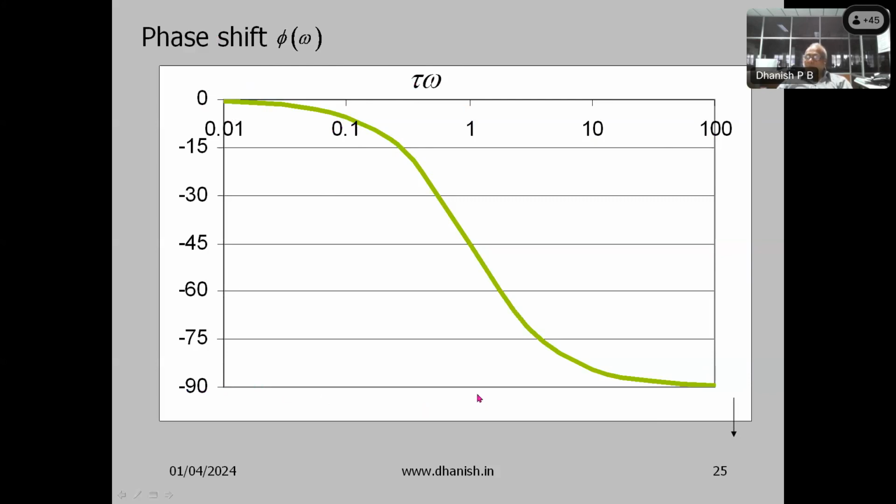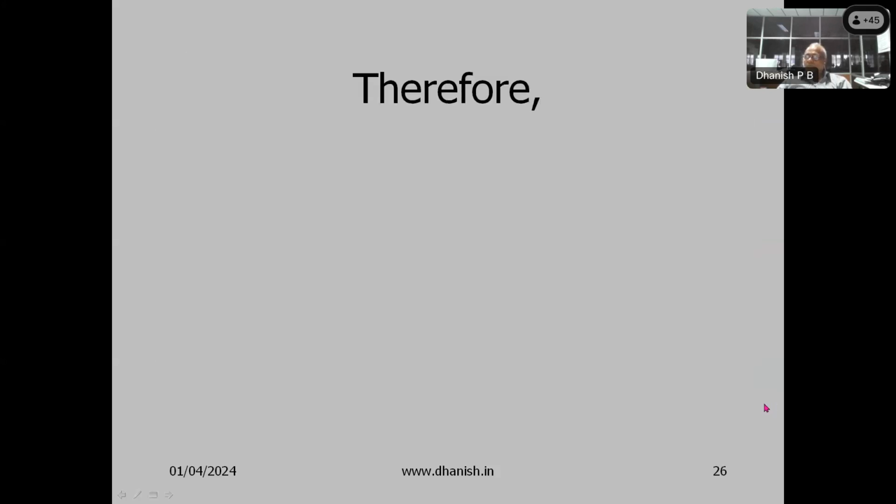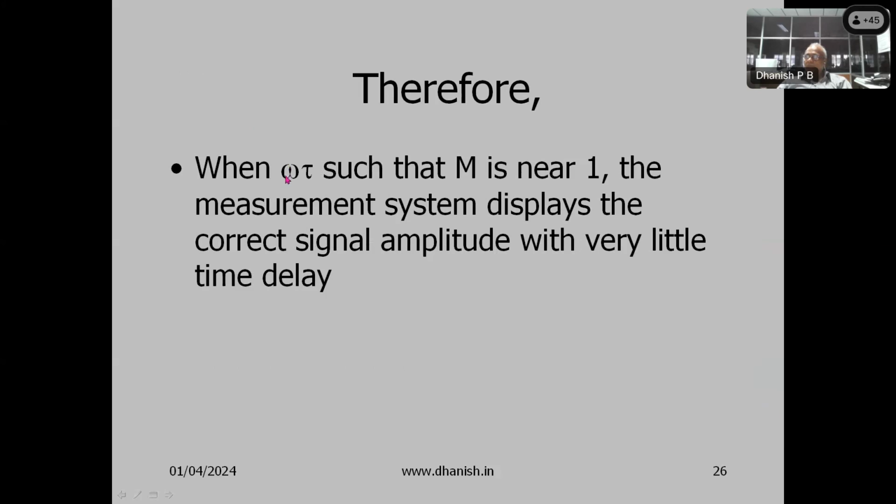That is the maximum. Therefore, when omega tau is such that M is near 1, the measurement system displays the correct signal amplitude with very little time delay. So this is the region which we can use for measurement.